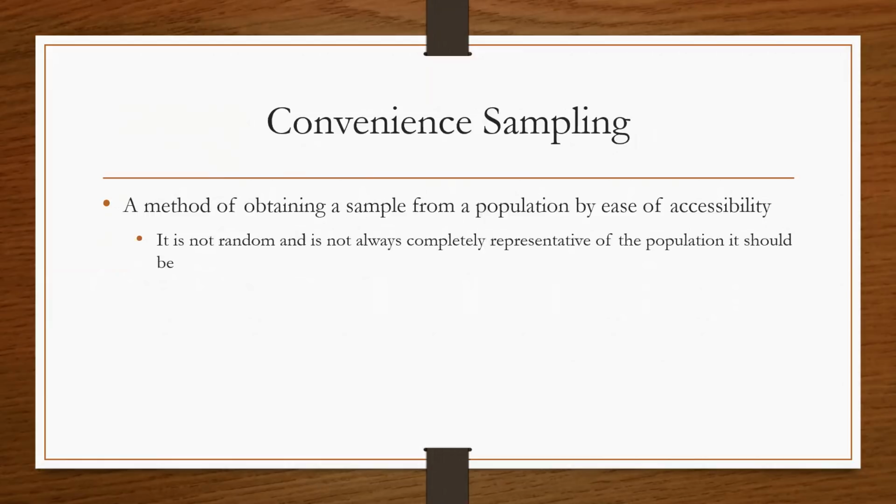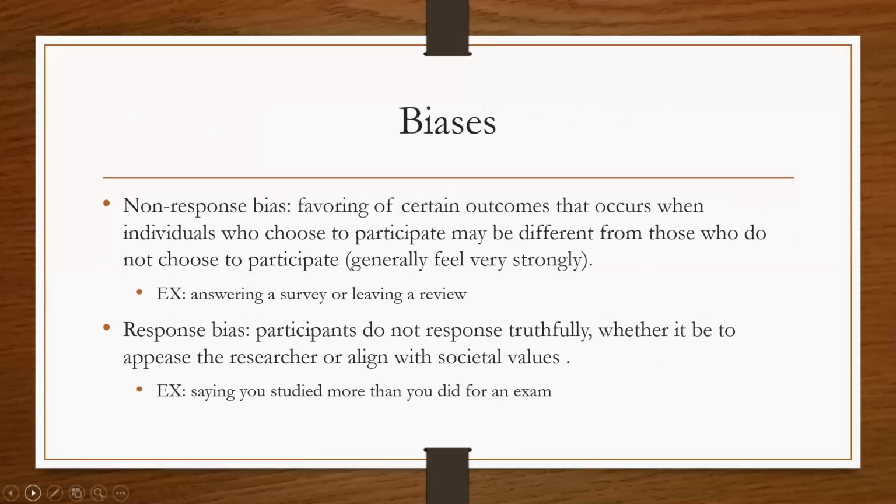It's not random, and so you won't get a completely representative population. So you can't really trust any of the information that comes out of that sample, which leads us into biases.